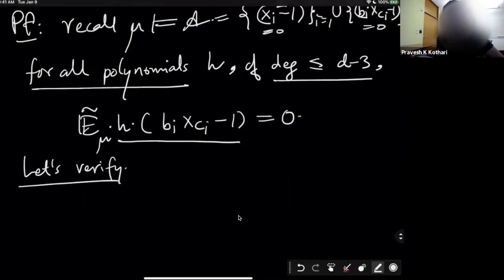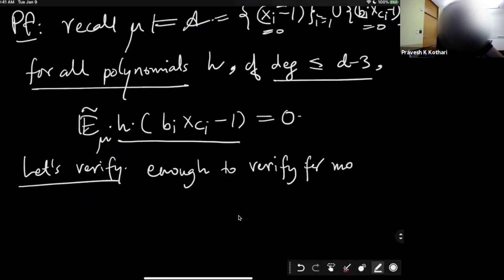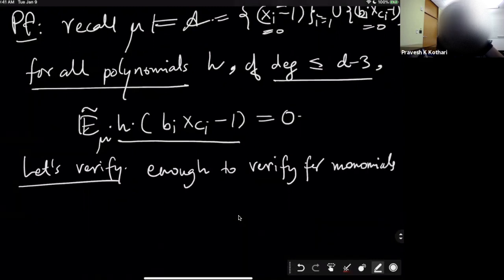First of all, by linearity, it is enough to verify for monomials, because for every polynomial H, I can write it as a linear combination of monomials, and then just term by term prove the equality. So it's enough to prove for monomials H equals x^S, for S of degree at most D minus 3.